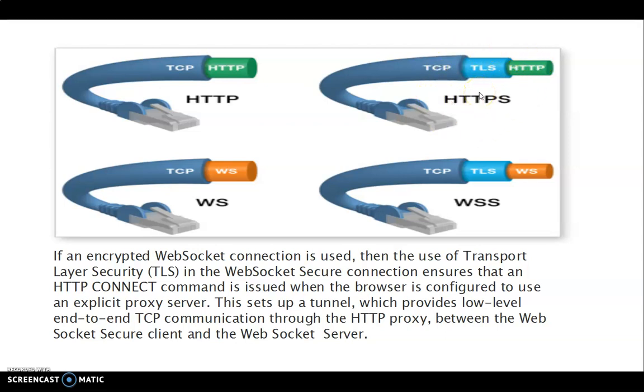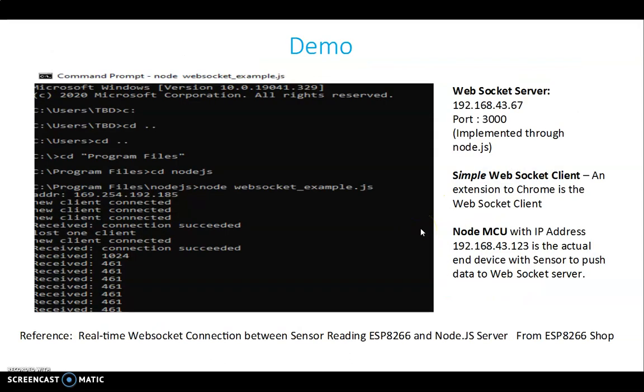It goes to port number 443, as I told you earlier. Along the same lines, the WebSocket originally works like this. The moment you apply TLS security for WebSocket, that is secure WebSocket, WebSocket secure connection, it shifts to another port number.